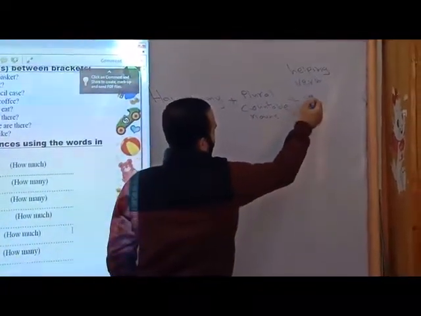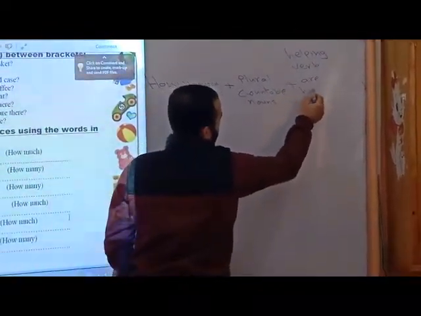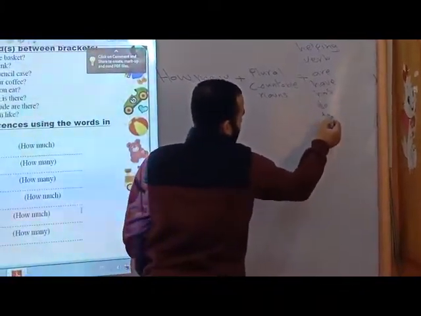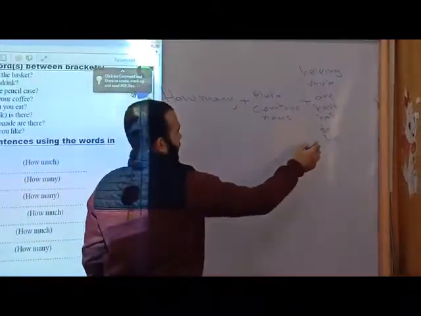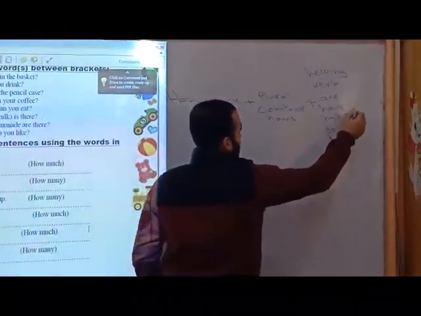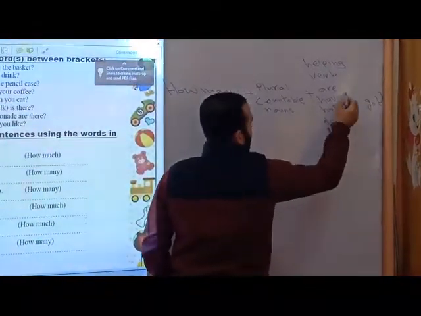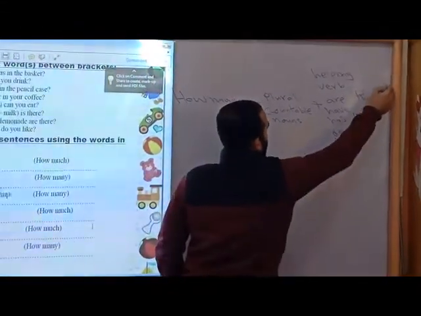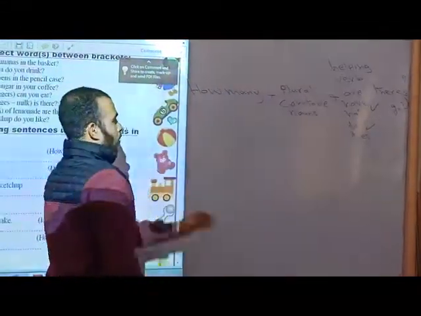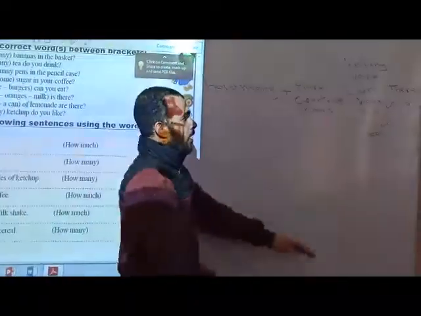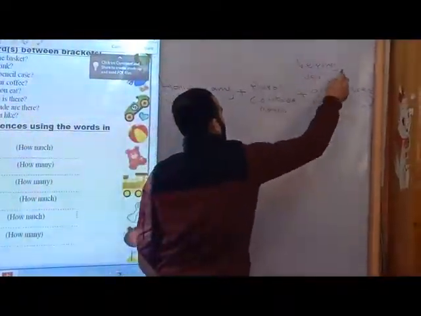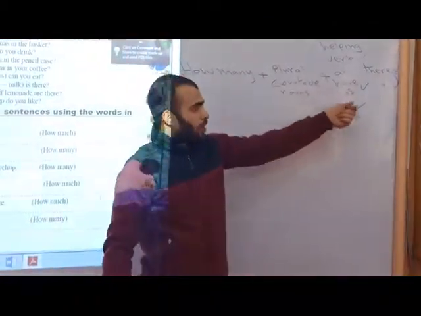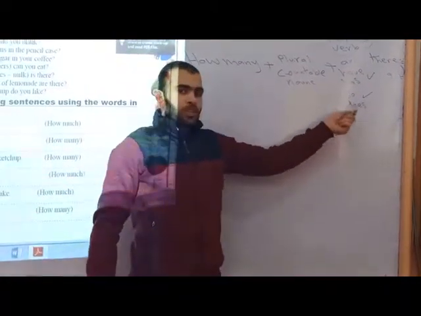Like what? Are, have, has, do, does. For sentences in the present simple: have, has, subject, got; are, there. Then don't forget to put the question mark at the end. So, how many? Plural countable nouns. Then helping verbs. Like are there, have they got, has she got, do you need or does she need.